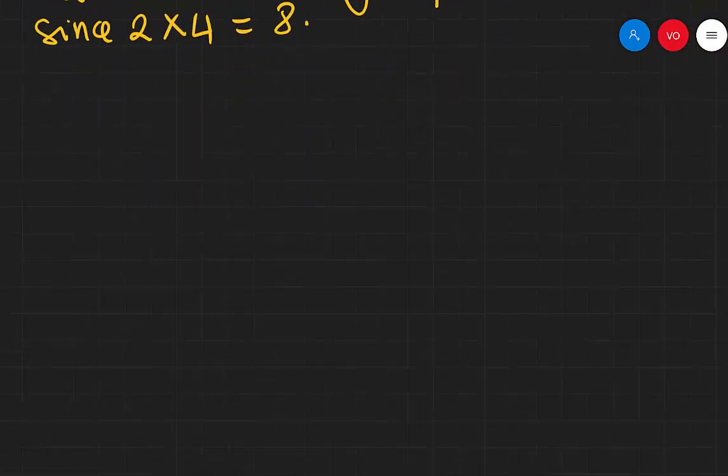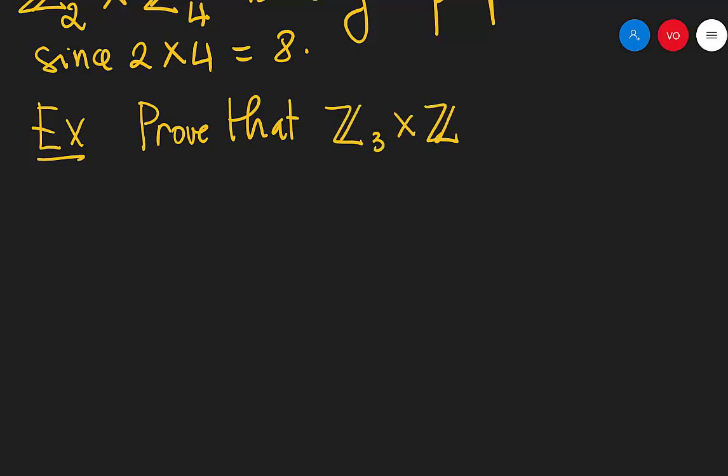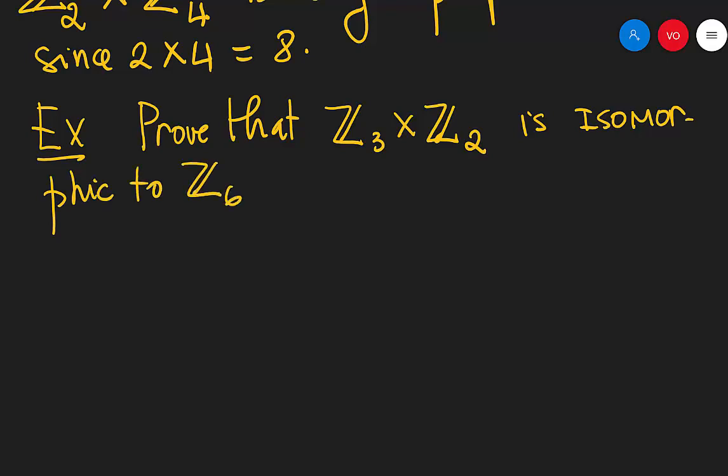Let's consider another example. Here I would like to prove that Z3 cross Z2, Cartesian product Z2, is isomorphic to the cyclic group Z6.